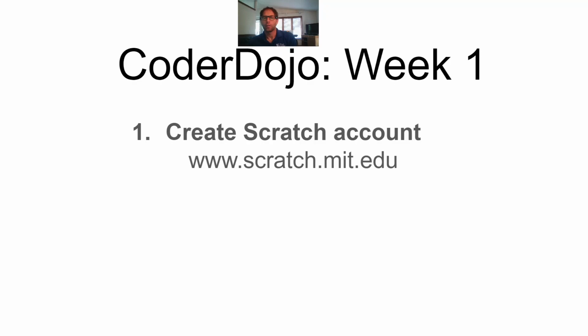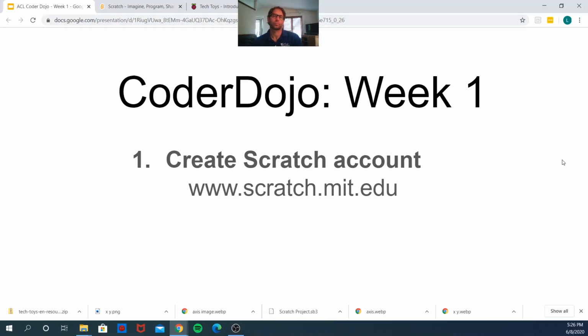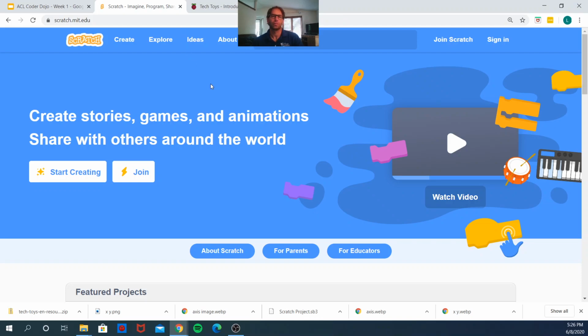You'll want to type in scratch.mit.edu, and once you get over to that page, you should see this screen here. Assuming you haven't used Scratch before, we're going to want to create a free account. You do that by going up here to Join Scratch.